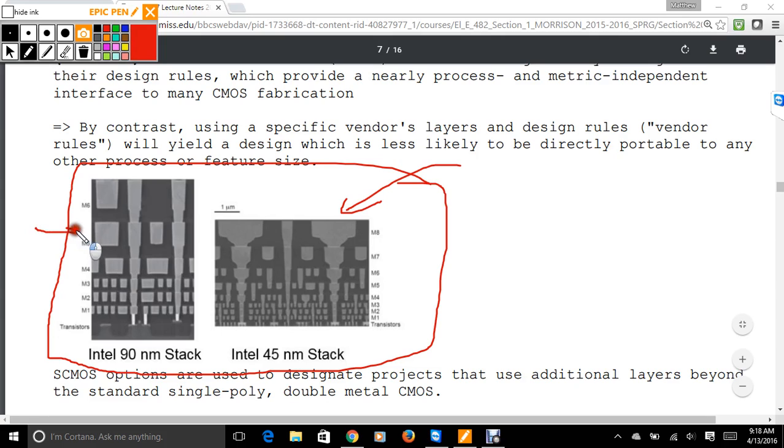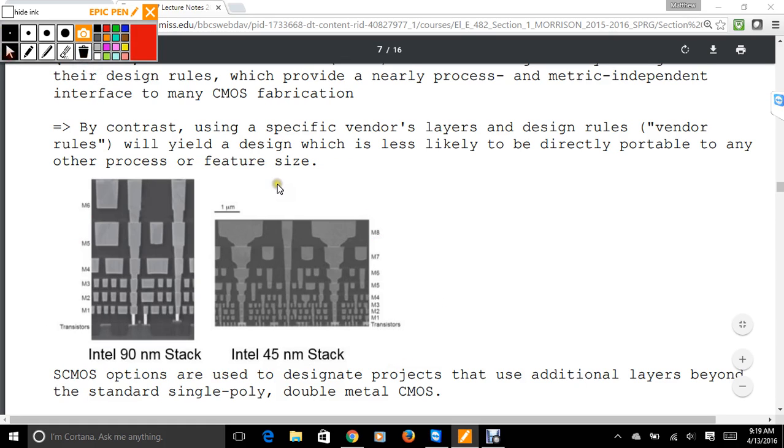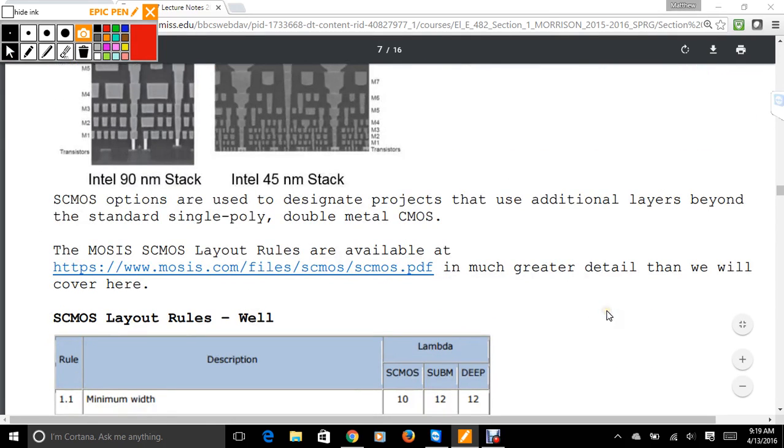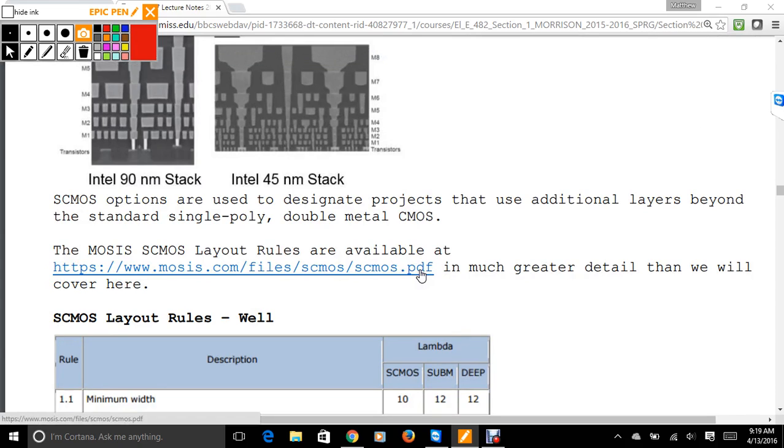Here they have 90 nanometers up to metal 6, and you have metal 8 at 45 nanometer. We have to worry about that more and more. The Lambda design rules become more important. So this is the scalable CMOS rules. I included a link, if for whatever reason you really want to dig deep into that.